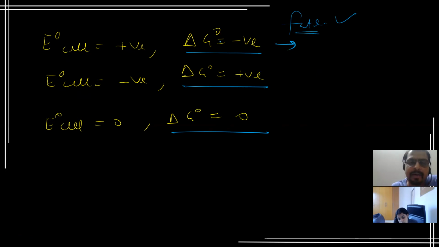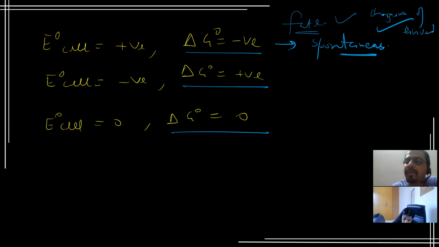So I'll explain that. When delta G is negative, the process is spontaneous. Like charging of an inverter. Have you seen, inverter charging is spontaneous because it's a feeding of electrons. Spontaneous. Delta G positive, non-spontaneous.